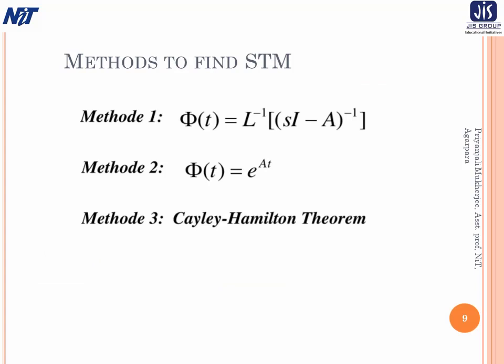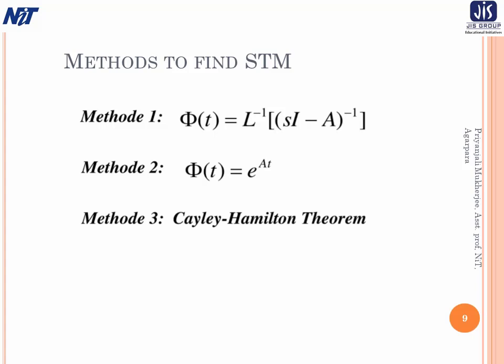Next are the methods which are used to find the state transition matrix. Among these three methods, method 1 is mostly used, and it says that phi of t can be determined by finding the Laplace inverse of the resolvent matrix (sI minus A) inverse. The second method is obtaining the state transition matrix by computing e to the power At.